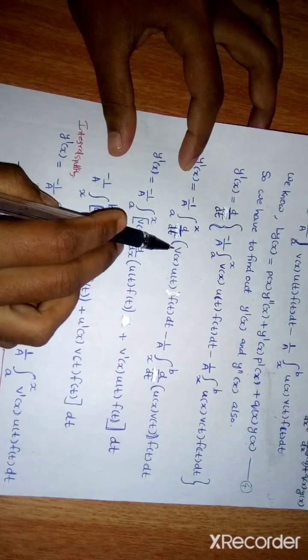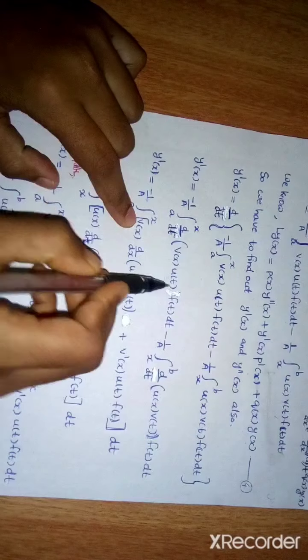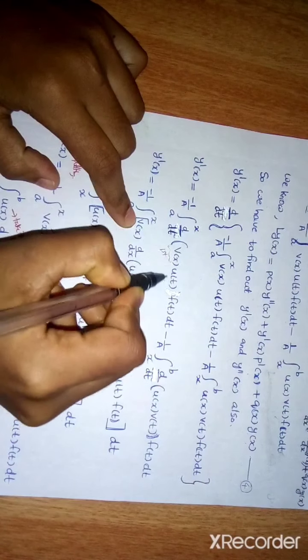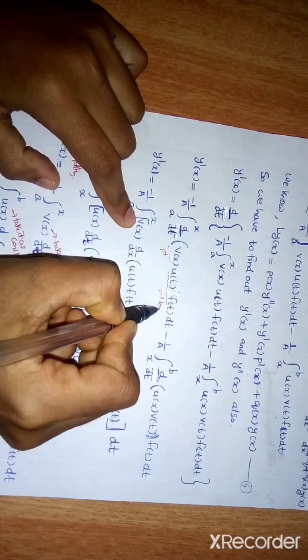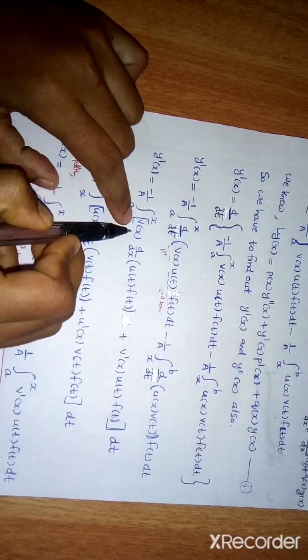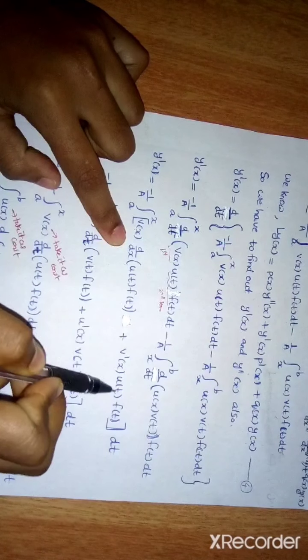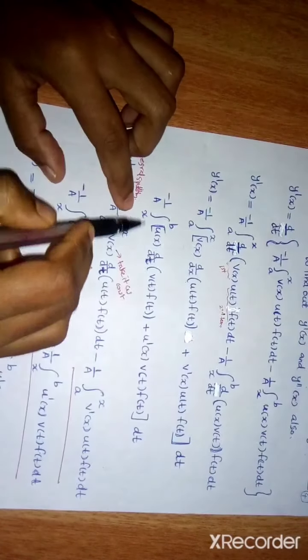What will we get? -1/A ∫ from a to x of v(x) taken as the first function, and u(t) f(t) taken as the second term: the first function times the derivative of the second, that is v(x) d/dx of u(t) f(t), plus v'(x) u(t) f(t) dt. And similarly the second term becomes like this.